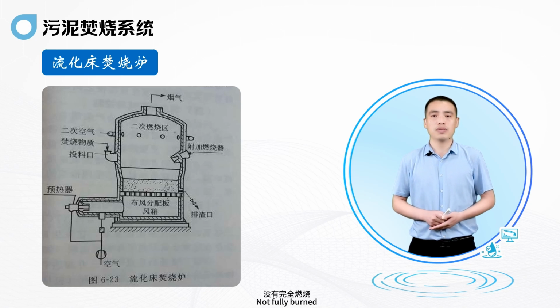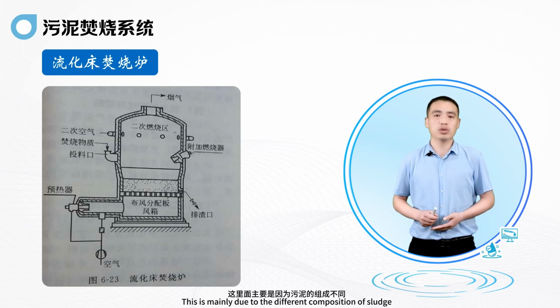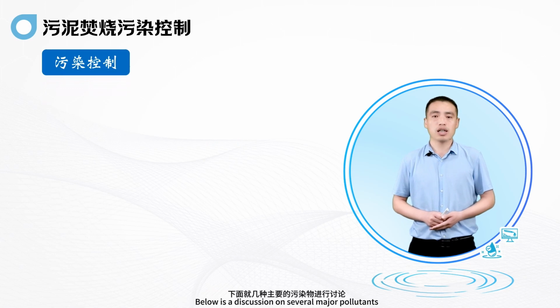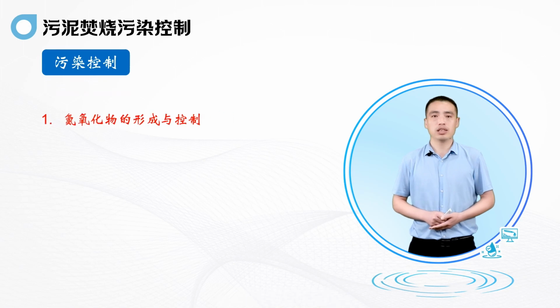Products of incomplete combustion include carbon monoxide, hydrogen, aldehydes, ketones, and other organic compounds, as well as nitrogen oxides and sulfur oxides. This is mainly due to the different composition of sludge and different combustion methods, so there are also certain differences in combustion products. Below is a discussion of several major pollutants and what control methods they have.